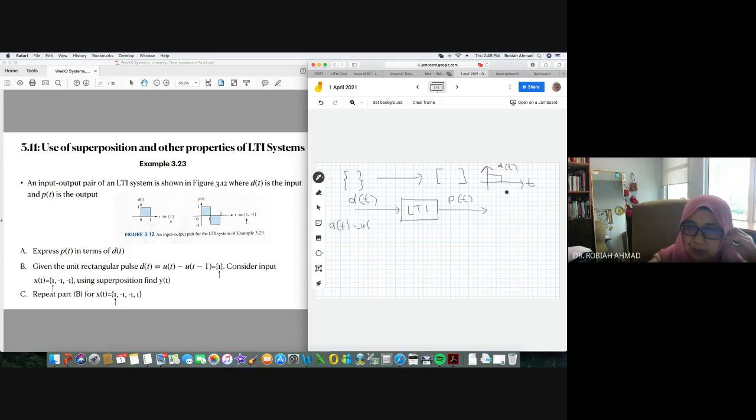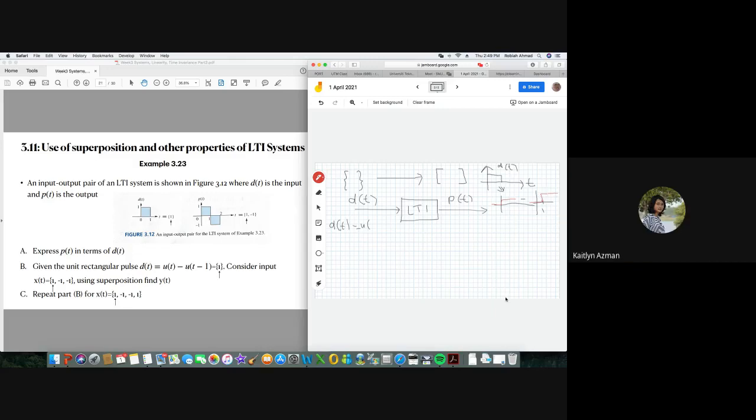Dia sebenarnya adalah the unit function yang tadi minus shiftkan dia.